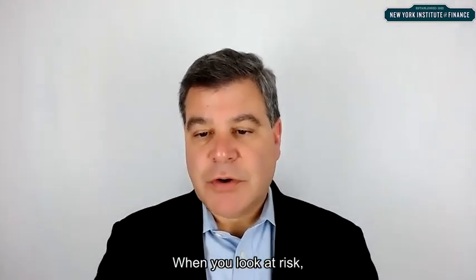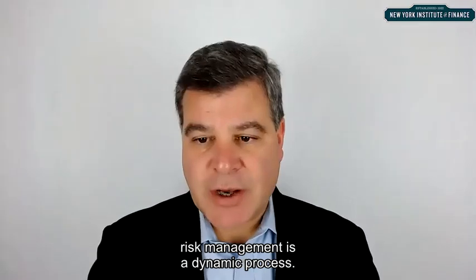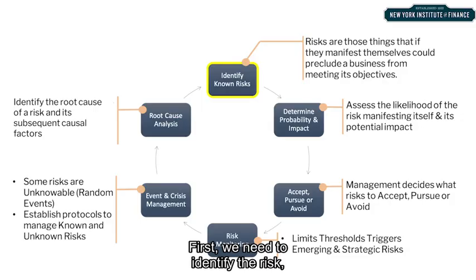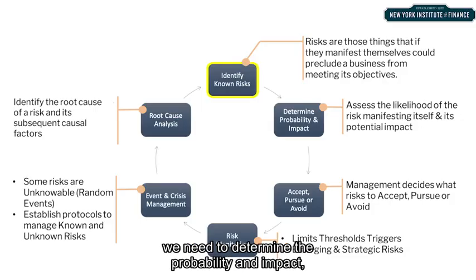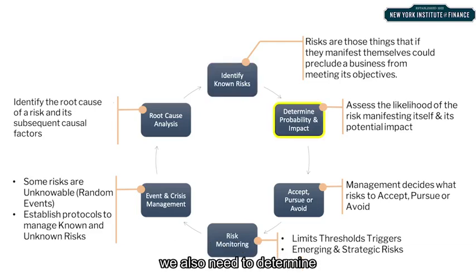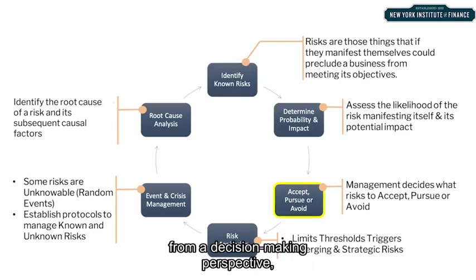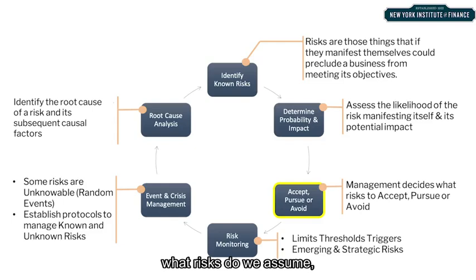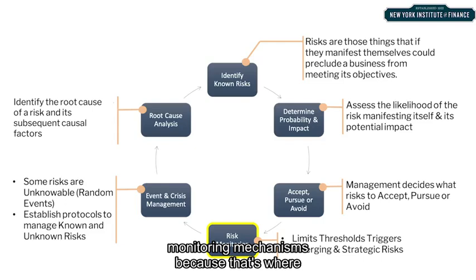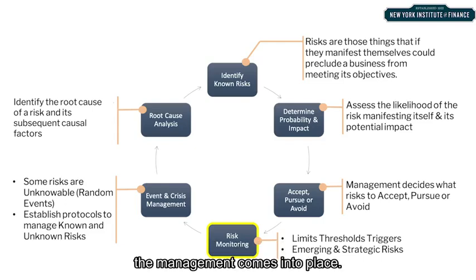Risk management is a dynamic process. First, we need to identify the risk. We need to determine the probability and impact. We also need to determine, from a decision-making perspective, what risks do we assume? What risks do we accept? And what risks do we want to avoid? Then risk managers need to have monitoring mechanisms because that's where the management comes into place.